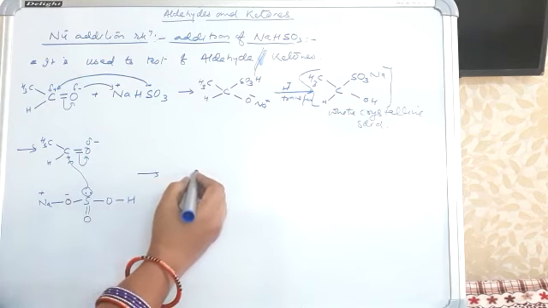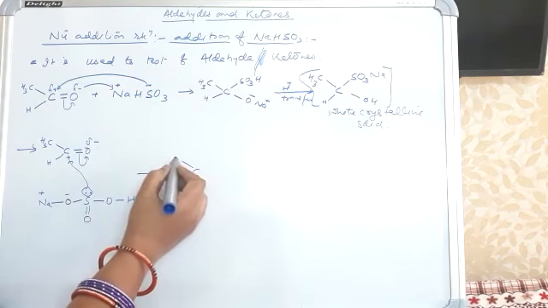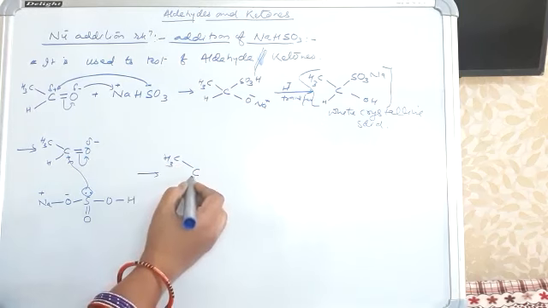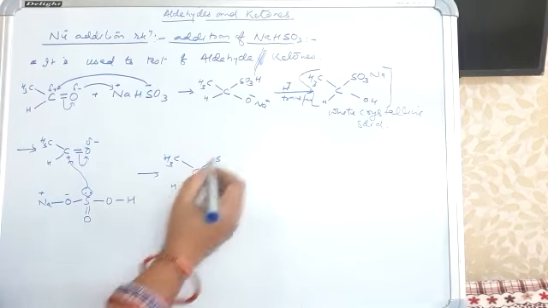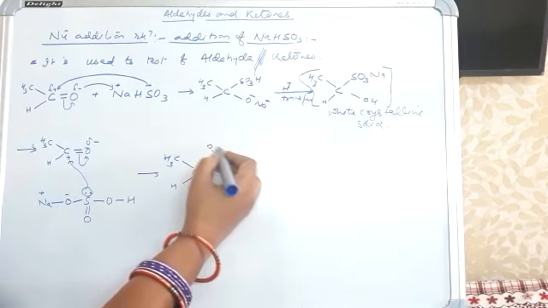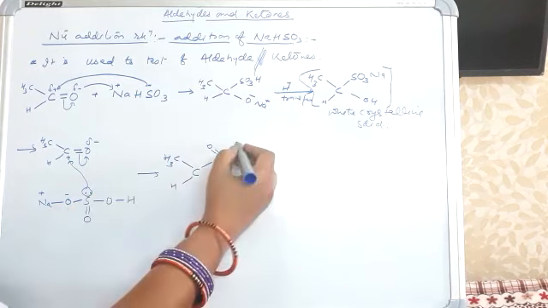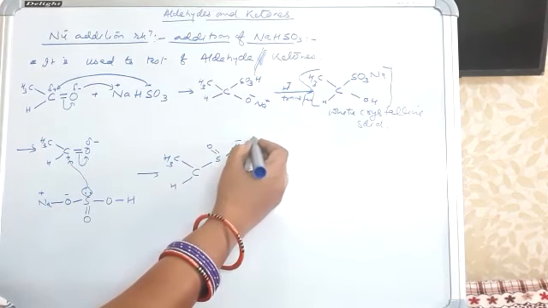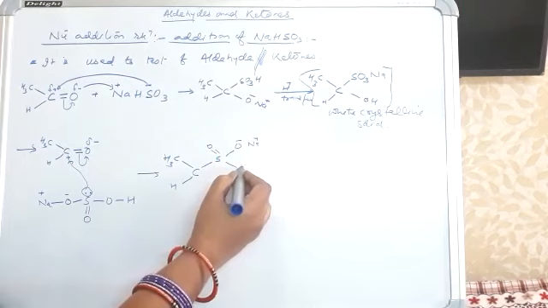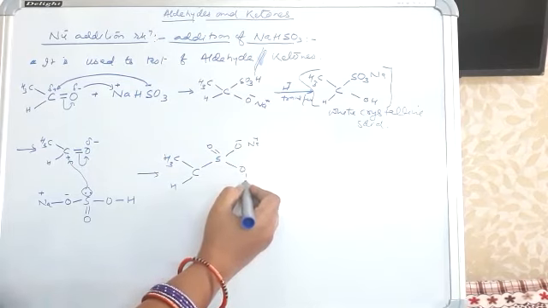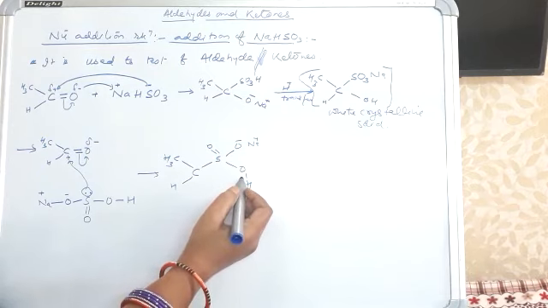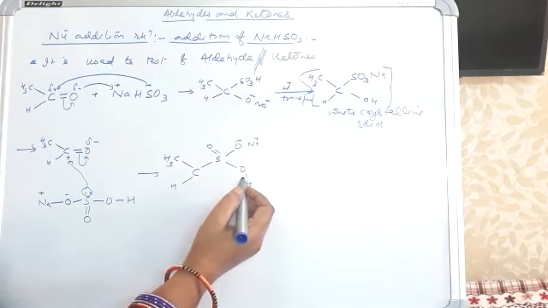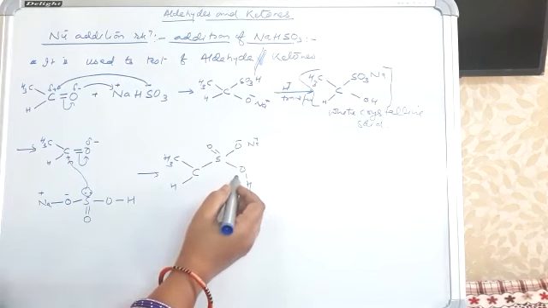In that condition, see here, carbon, sulfur, double bond oxygen, ONa and OH. So what happens? Oxygen acquires negative charge.